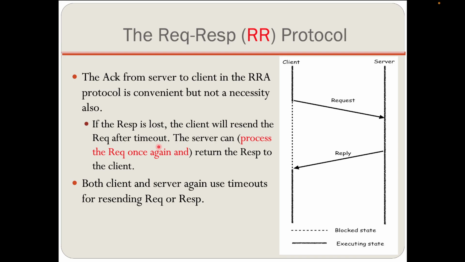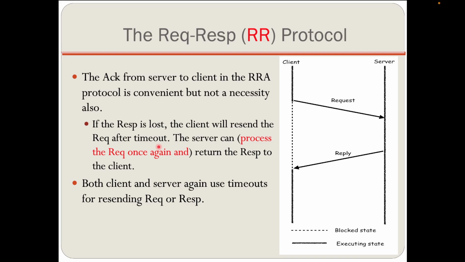So both client and server, their ACKs can be eliminated in this particular case. So here we change this from client to server. The last ACK can be eliminated, because if the server receives a retransmitted request, then the server will know the reply got lost.